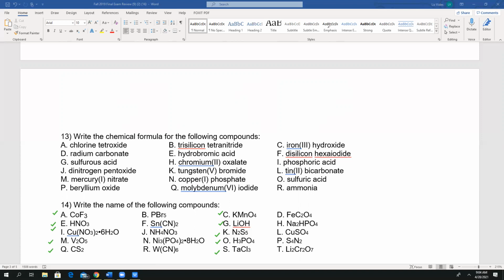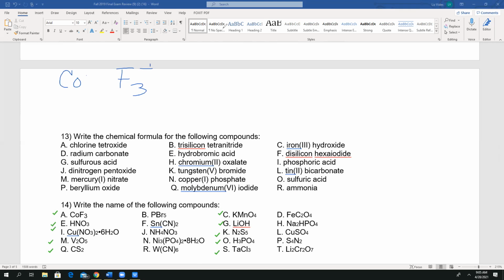Okay, so cobalt. Cobalt happens to be a transition metal. So in order to give it a name, you have to decompose your formula. Okay, you know that fluorine is a negative, right? And there are 3 of them. So 3 times 1 is 3.